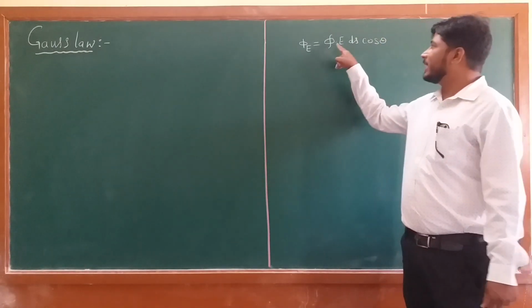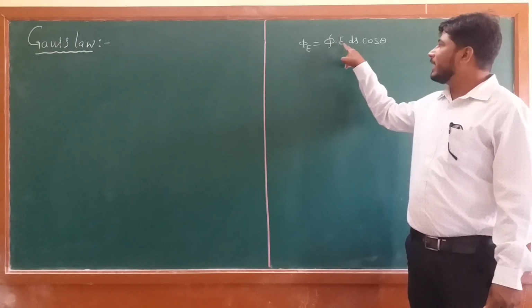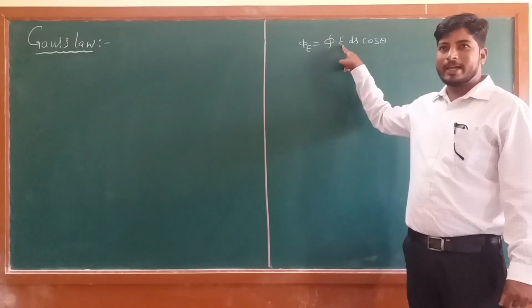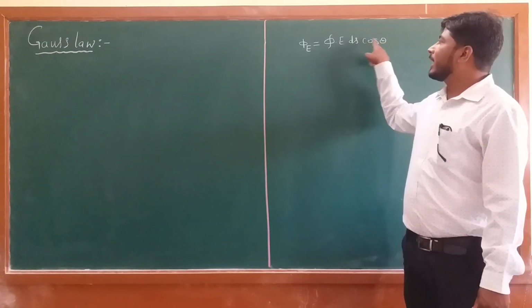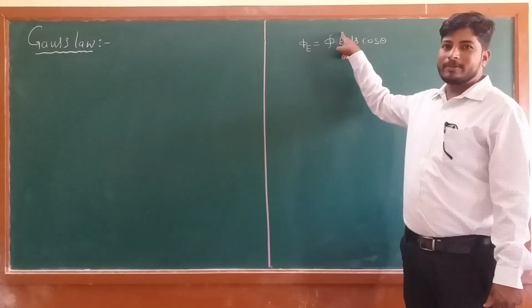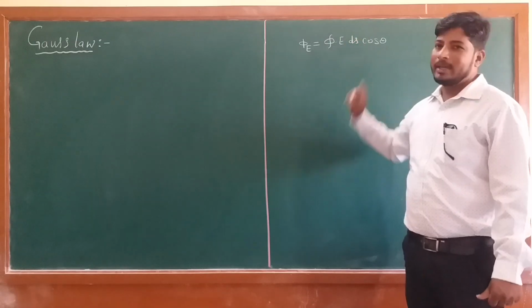This is surface integral, right? E is the electric field, ds is the area, and theta is the angle between the electric field line and the area.